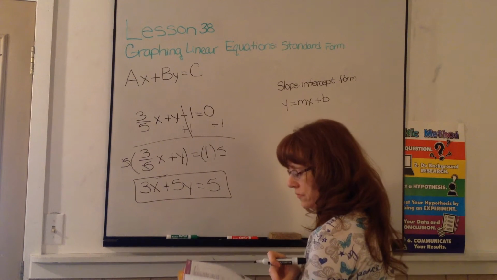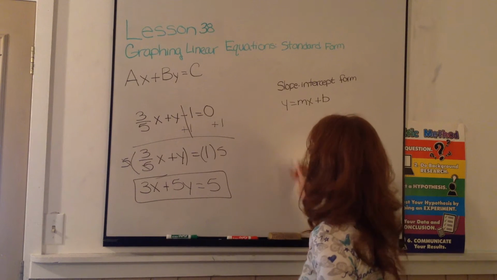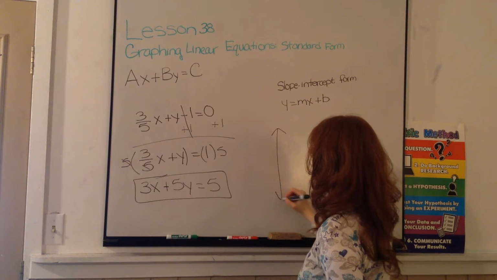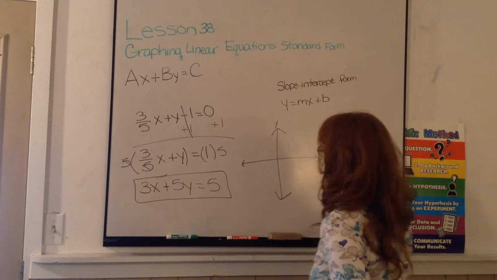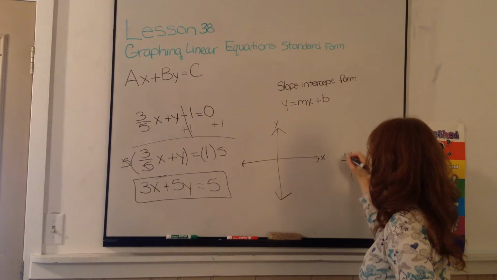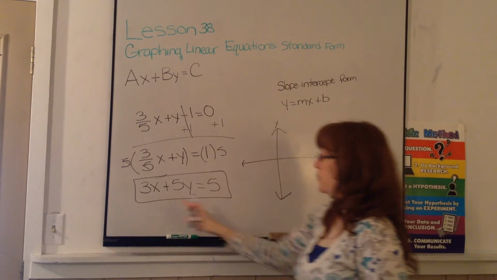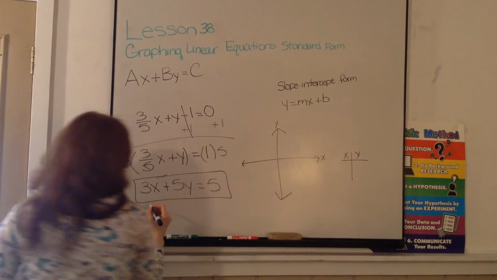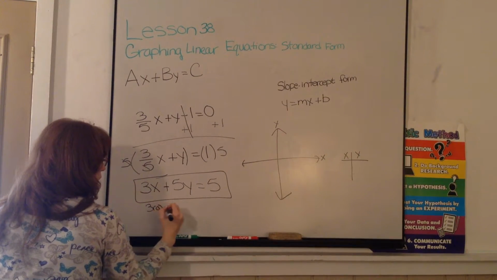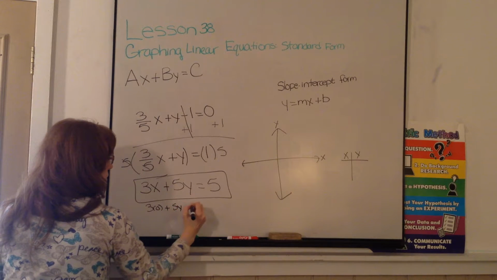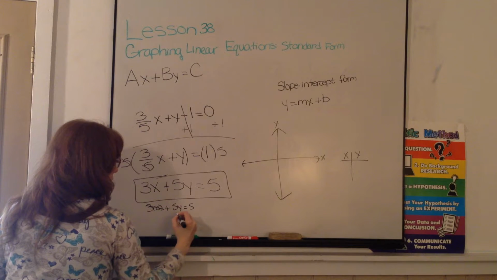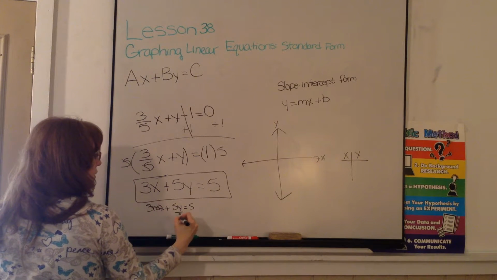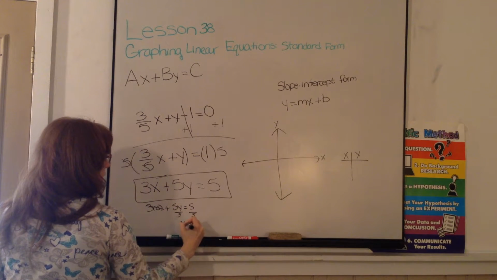So, okay. So I'll show you how to graph that. So if I put in a 0 for x, it would be 3 times 0 plus 5y equals 5. So that gives me 5y equals 5. Y equals 1.